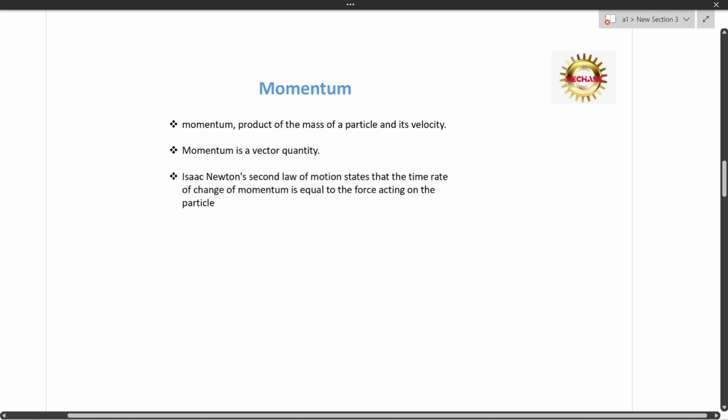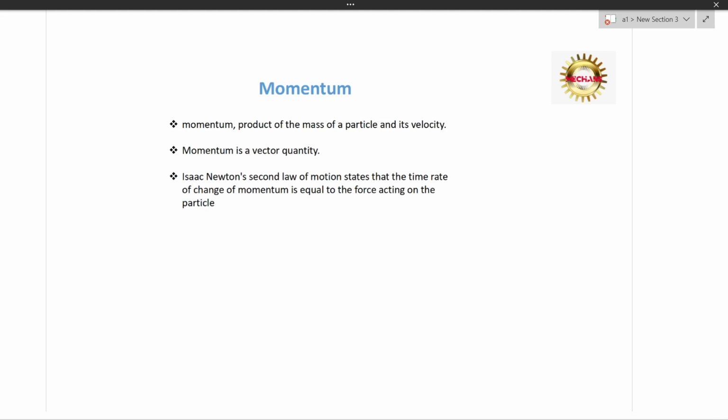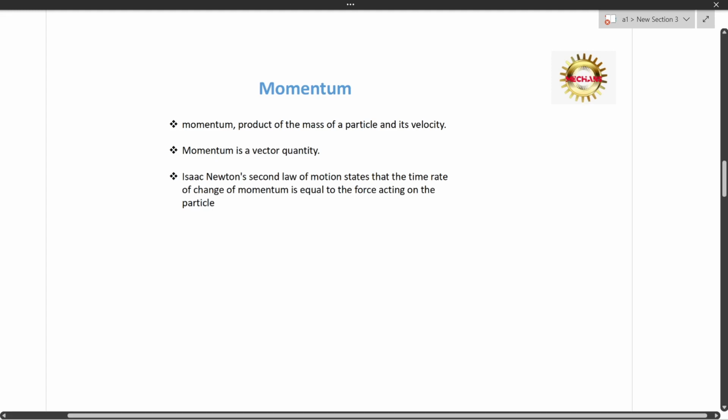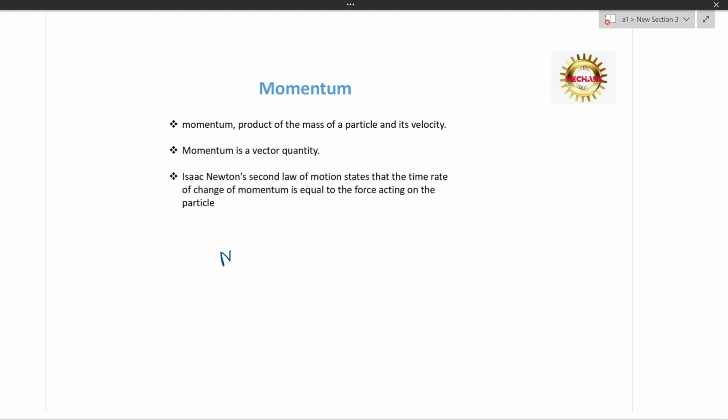Next we are going to see momentum. Momentum is simply the product of mass and velocity. Why we need to consider momentum is that momentum is directly proportional to the impact created on an object. If one object has high momentum, it will create a huge impact on another object.